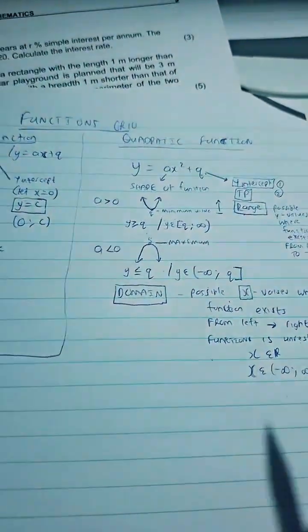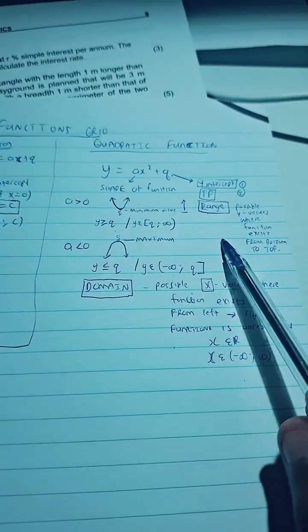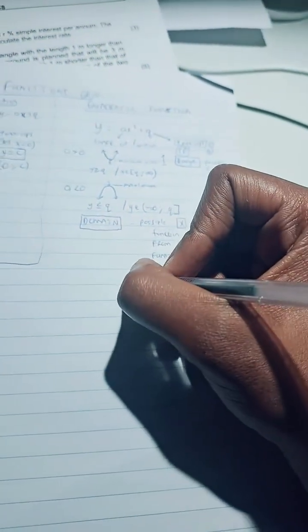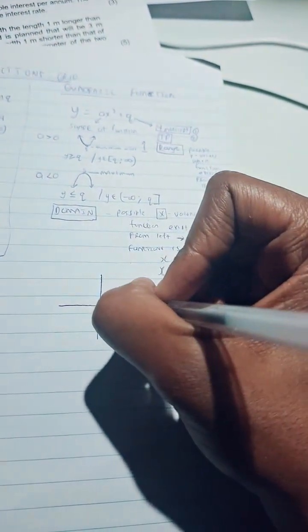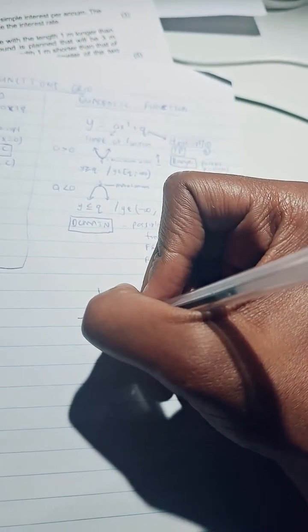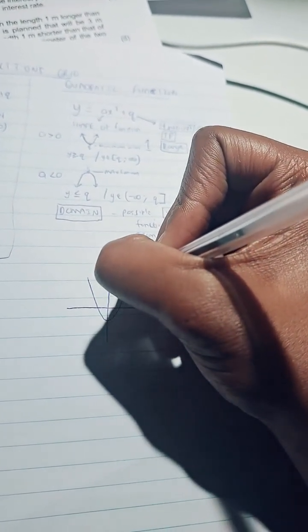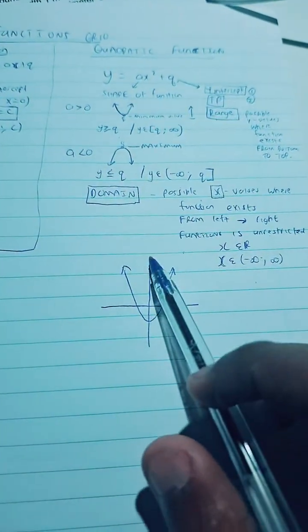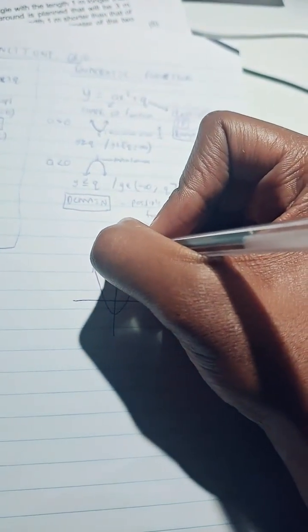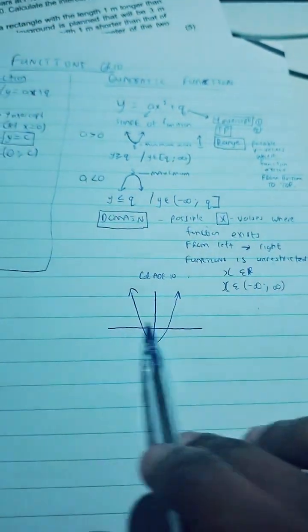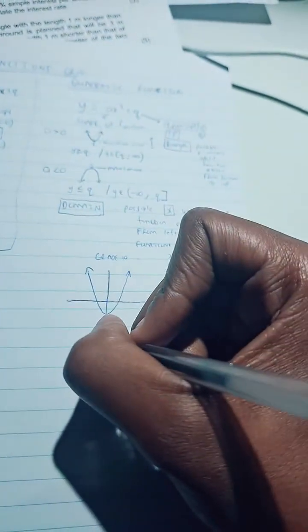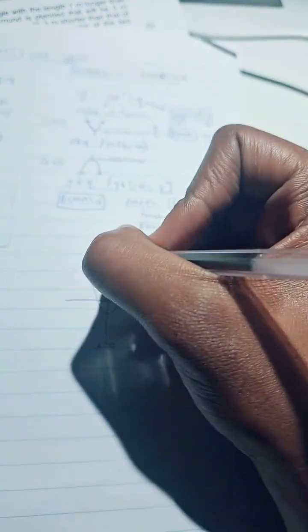Okay, all right, so that's just a summary of quadratic functions when it comes to the concept for grade 10 land. And guys, here's another thing. In grade 10, your parabola function is always symmetrical along the y-axis. What do we mean by that? In grade 10, our parabola is never going to be moving left and right. Our parabola in grade 10 always has a line of symmetry, which is the y-axis.